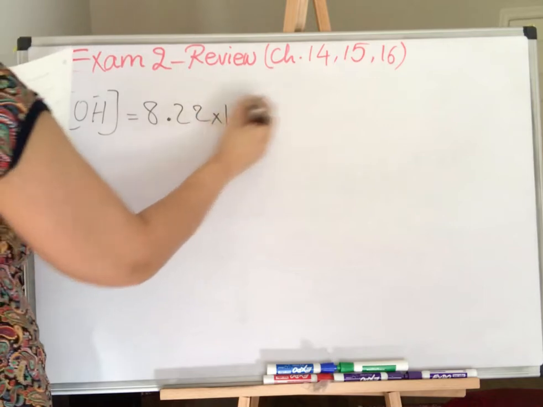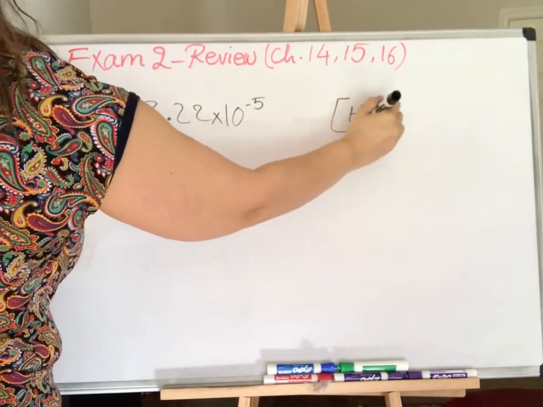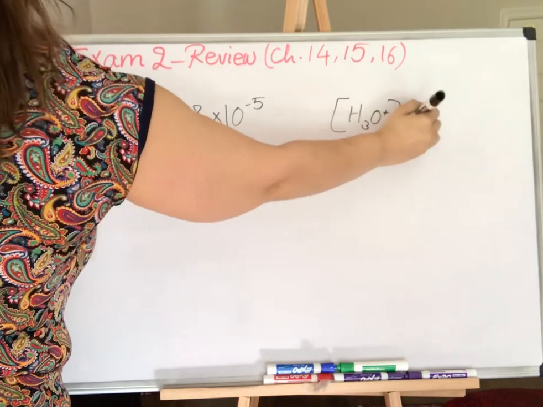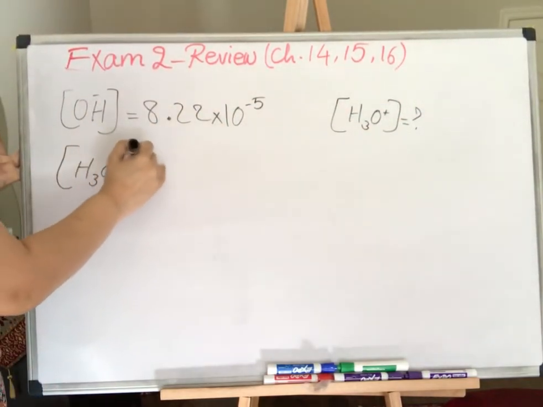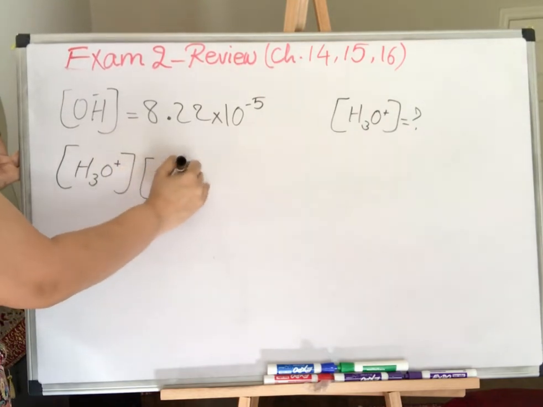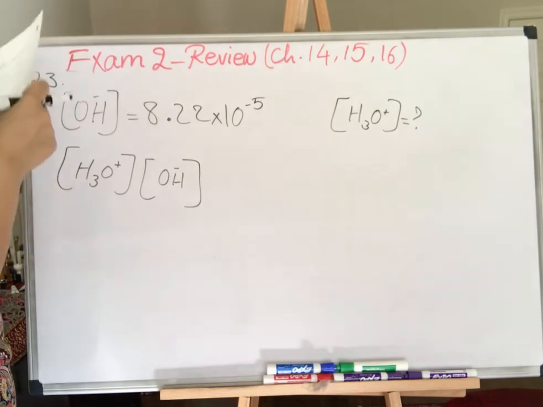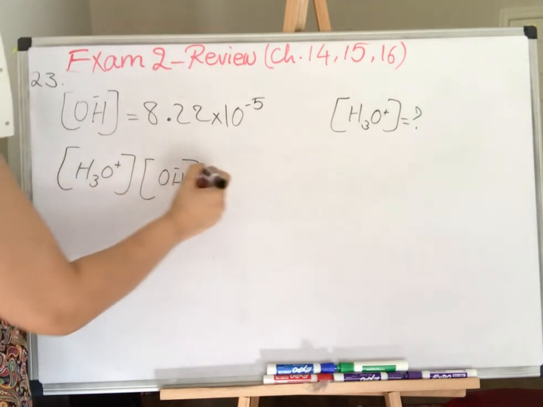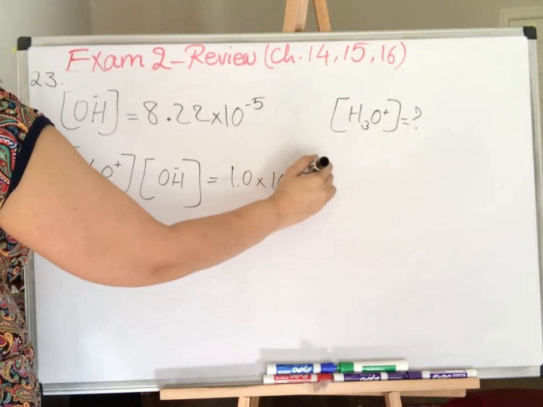We know that at 25 degrees Celsius, hydronium times OH is going to be 1 times 10 to negative 14.